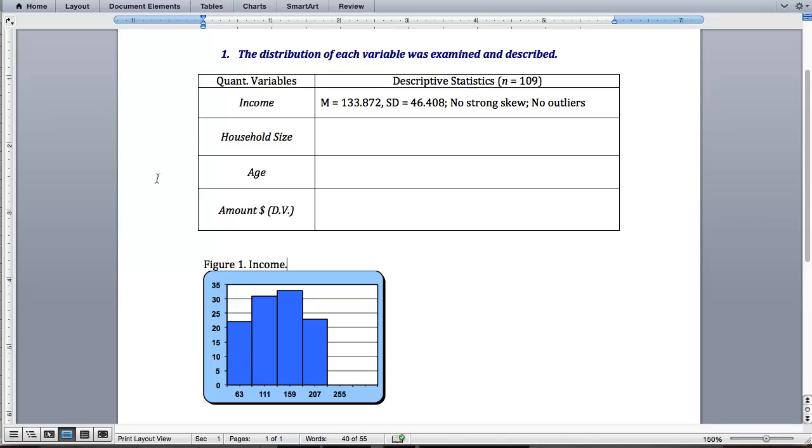And we definitely would like to note for our sample of n equals 109 that there are no outliers. You can see I've also copied the histogram from our Excel tool, and I've kind of shrunk it down and labeled it Figure 1. So this is providing a visual showing that distribution is outlier free and has no strong skew.